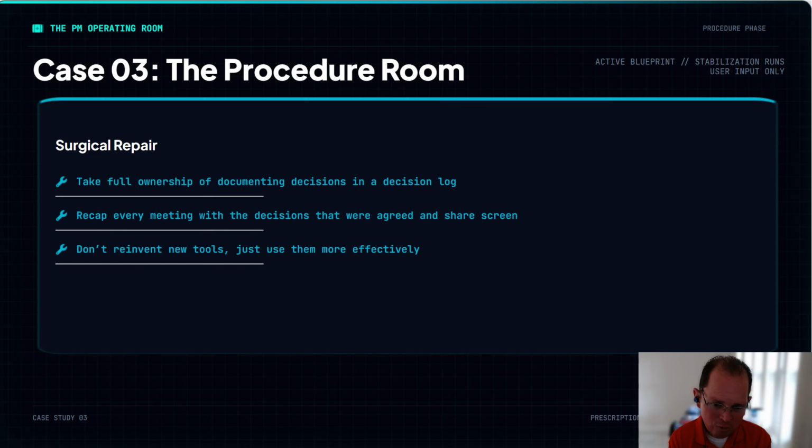So there's no reason why you can't just extract the decisions from that chat log, the AI generated log of the meeting, and put those in a decision log. So you already have the tools. You just have to use them. So that's how I would solve this case.